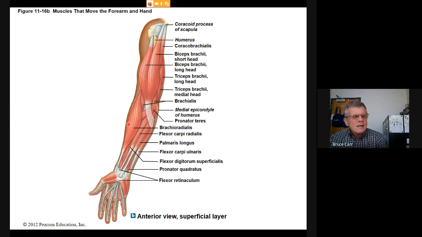The name biceps: bi means two, and ceps comes from cephalo, meaning head, two heads. When we talk about heads in muscles, we're typically talking about origins. And here is that Y-shaped top.